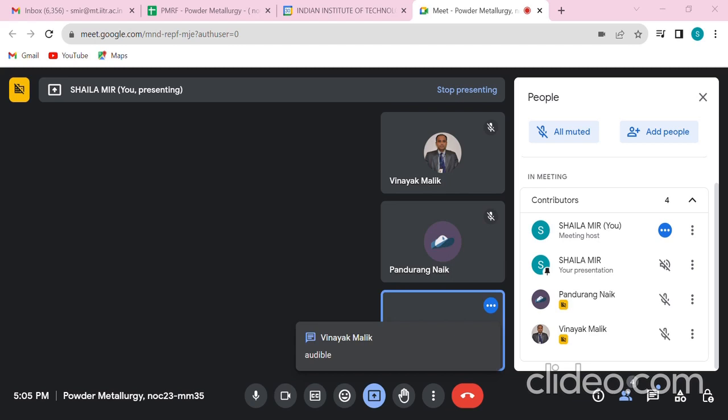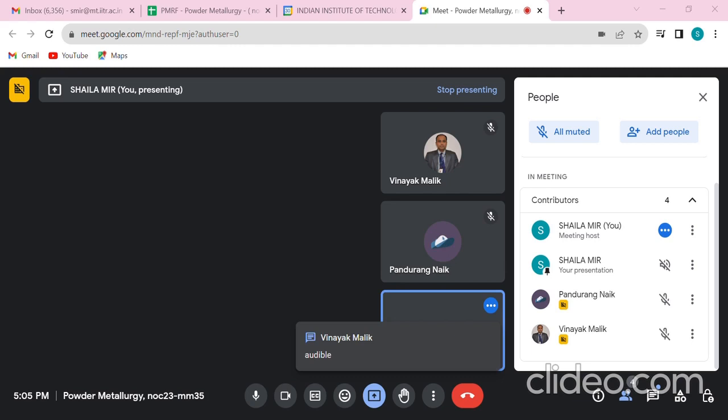So different types of shapes of these powders will influence their properties in compaction. For example, if you have a spherical type of particle, then their packing and compaction will be different, the density will be different as compared to the particles which are acicular or irregular type. So this has a great influence on your subsequent processing steps.